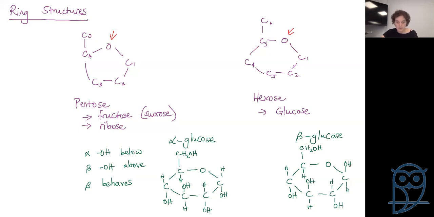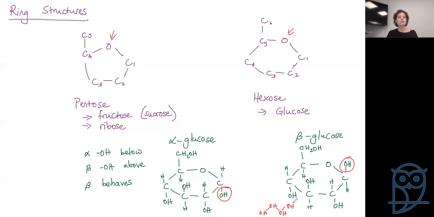So now that we've finished, let us highlight the fact that OH is below the ring, OH is above the ring, and then here we've got OH, OH, OH, OH. He behaves. He goes up, down, up, down. Okay, nice and regular pattern. So now you've got absolutely no excuse for not remembering which way around all your OHs and H's go.